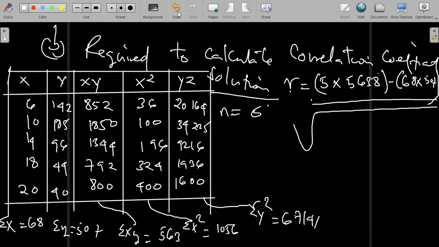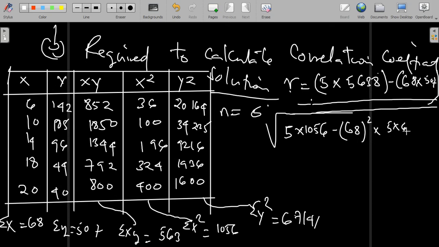Then 5 times 1056, minus 68 raised to the power of 2, times 5 times 7141 minus 507 raised to the power of 2.